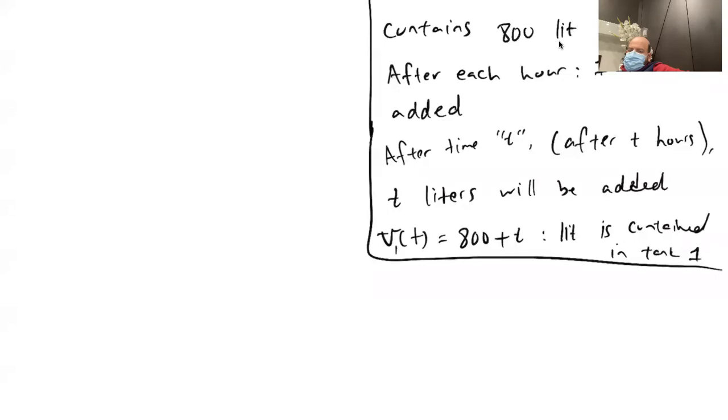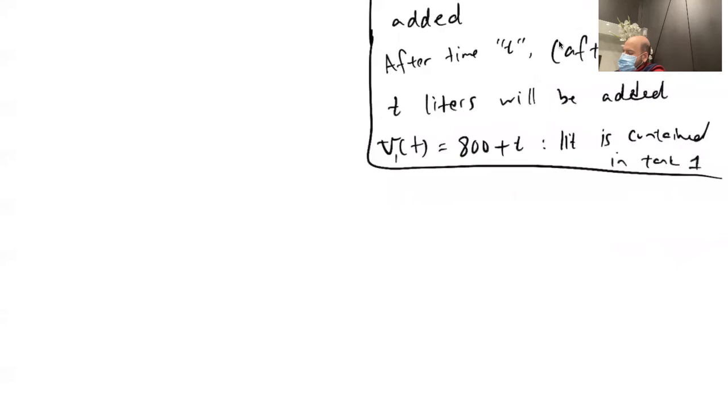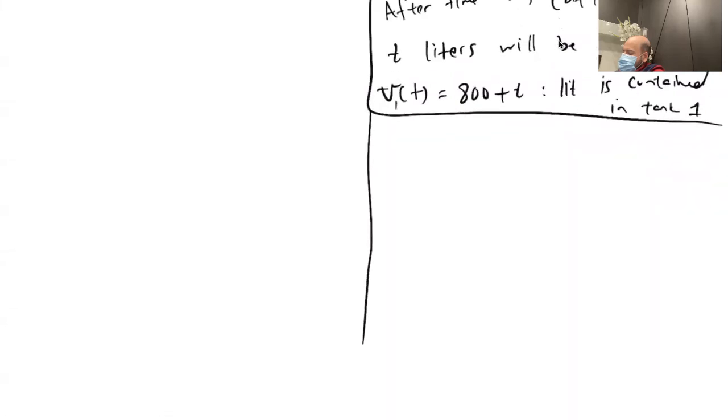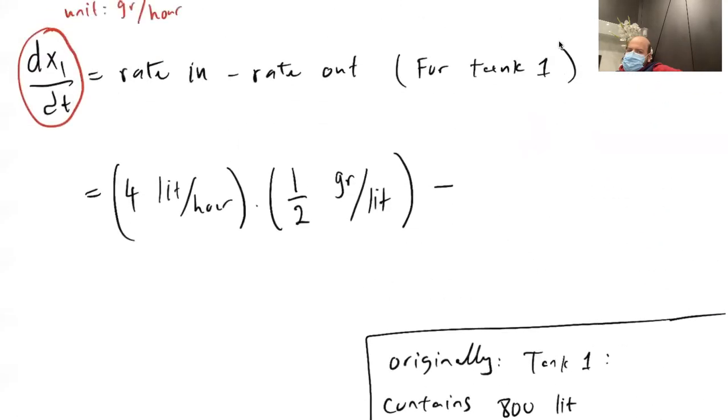Now we can do a similar calculation for tank 2. Originally, tank 2 contains 1000 liters. And again, after each hour, how much will be added to tank 2? Let's see.